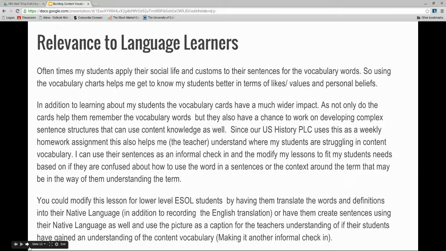And then they can also create a sentence within their native language as well. This is just to have them have multiple means of accessing words and content vocabulary.